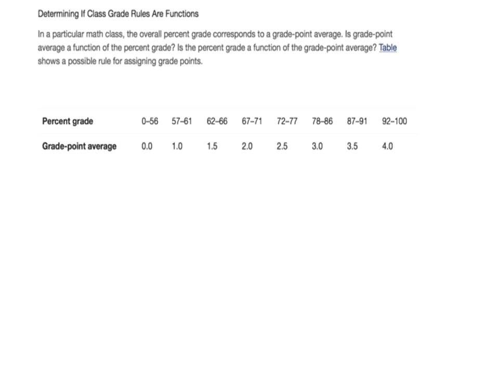If I have a percent grade of 63, will I ever be awarded any grade point average besides 1.5? So the first question we're asking, y'all are correct, Josh and Lisa. I will never be awarded anything besides a 1.5 if I have a 63% grade.